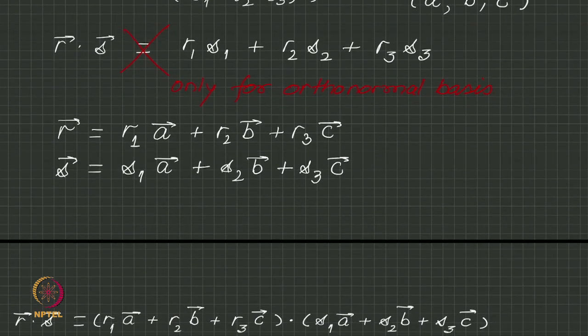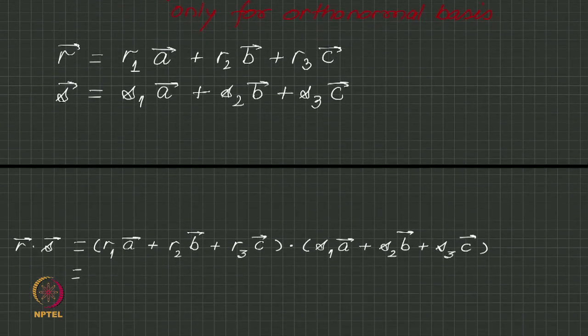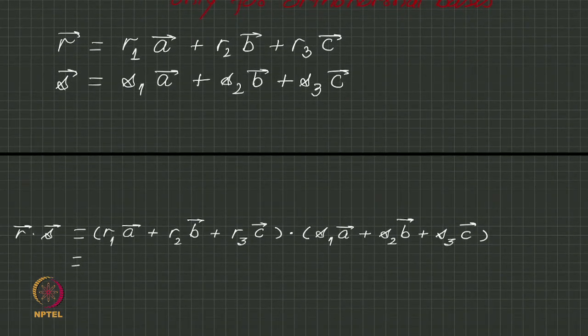Now, if you take the dot product R dot S, you have to take a dot product like this. 3 terms in each bracket, there will be 9 terms.